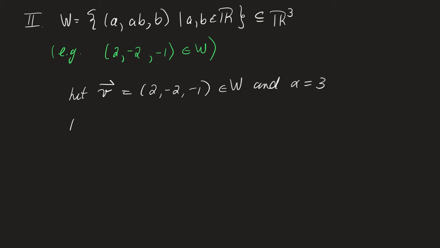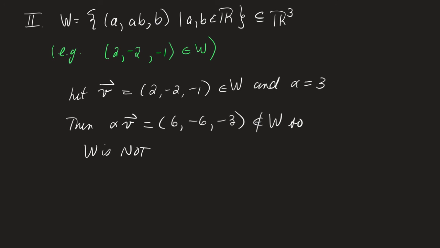Then alpha V is equal to 6, minus 6, and minus 3. Now, 6 times minus 3 is minus 18, and that second component is not minus 18, so this is not in W. So we can say that W is not a subspace of R3.